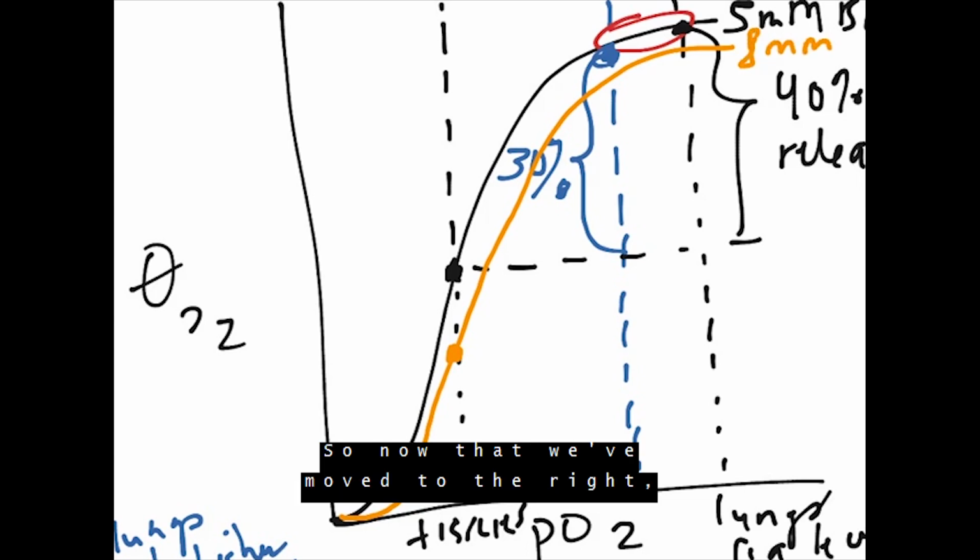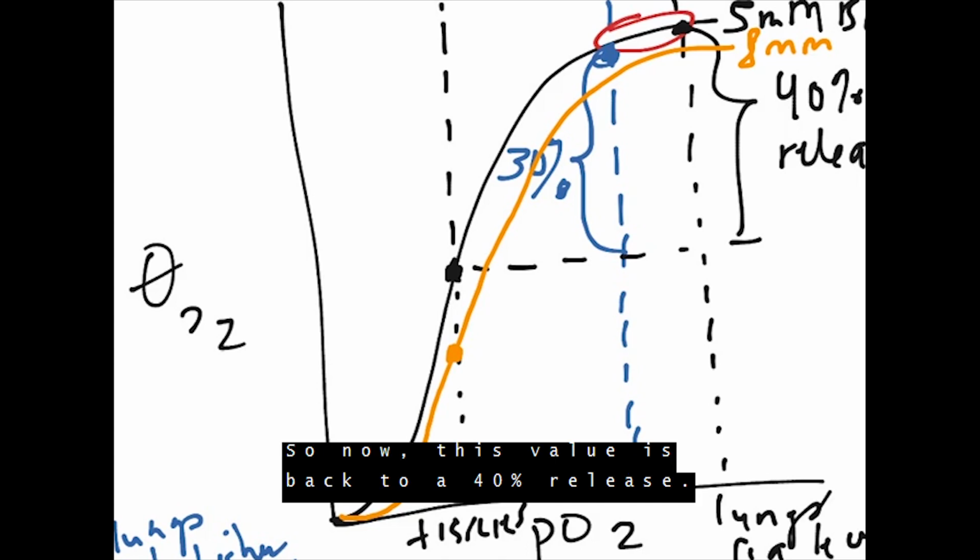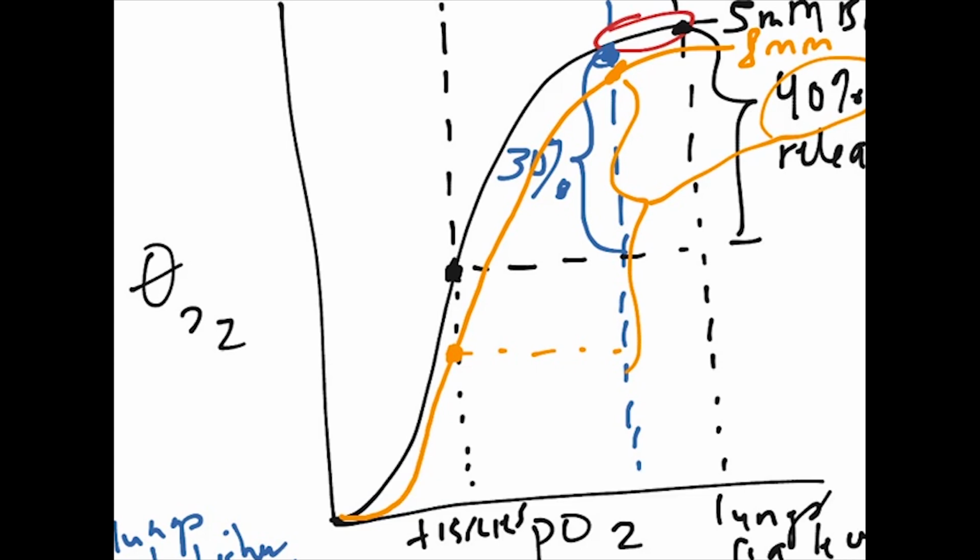So now that we've moved to the right, we've got a new saturation level of oxygen in the tissues. So now this value is back to a 40% release.